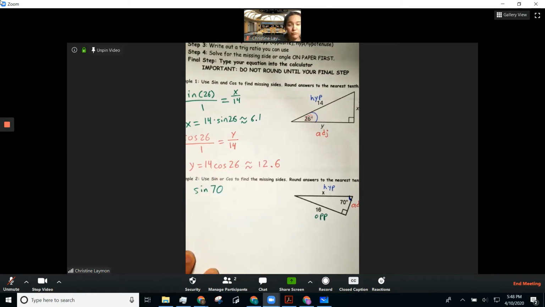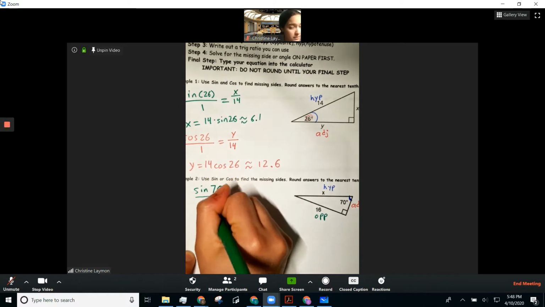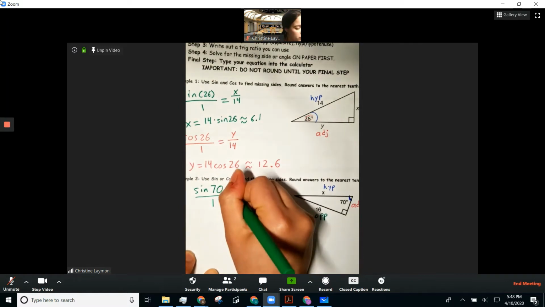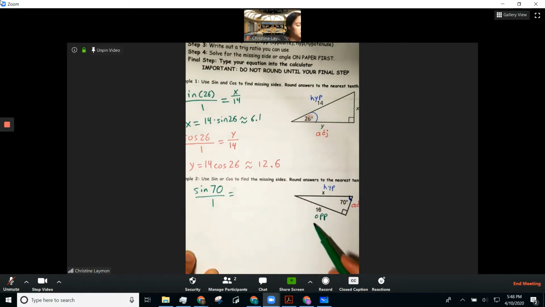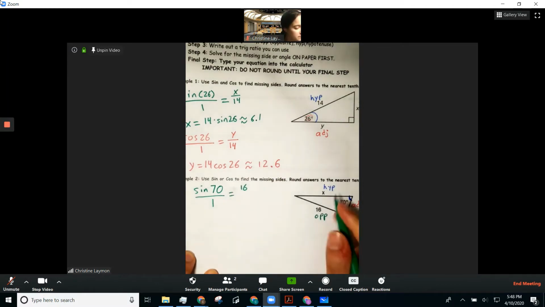And remember, whether I use parentheses, or I leave it plain, or I put a degree symbol, I'm still talking about the angle sitting right here. I've got sine of 70 degrees over 1 equals, and I have opposite over hypotenuse, so I have 16 over x.